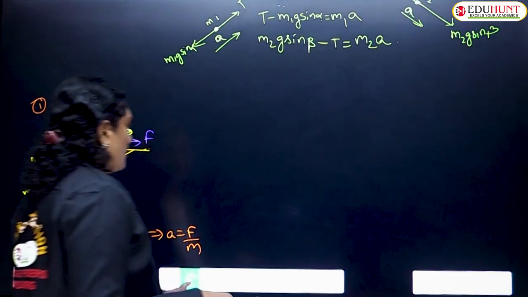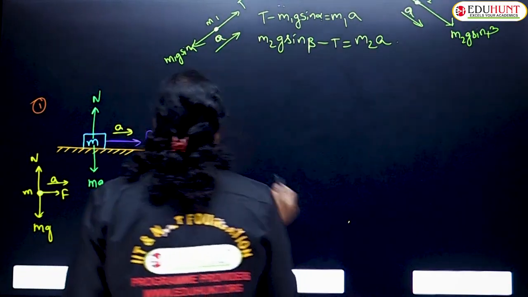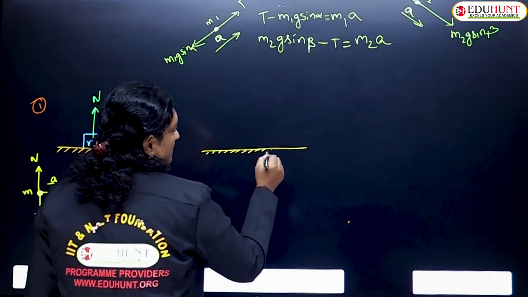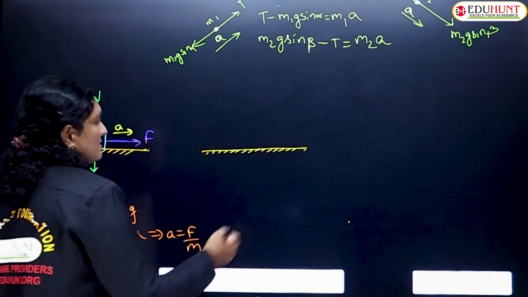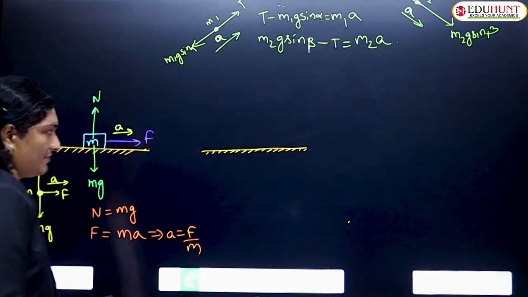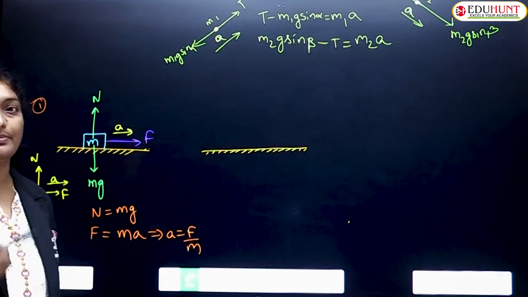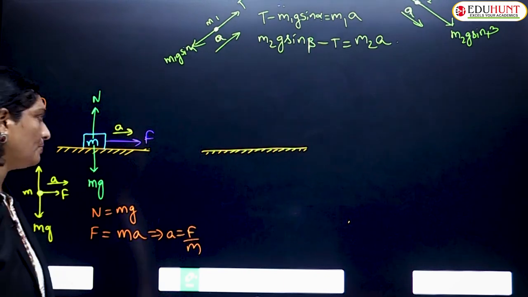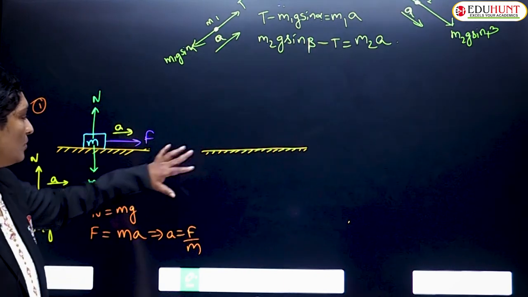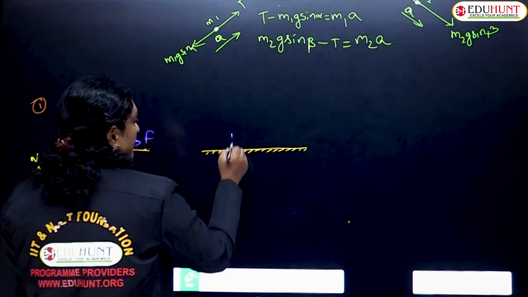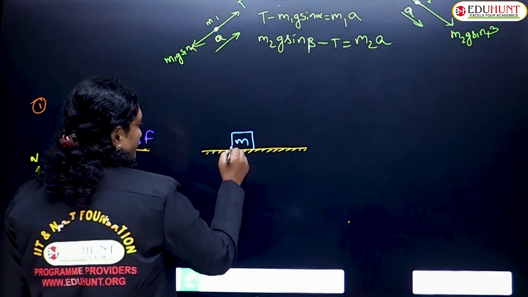Similarly, let us consider one more example, children. Again, consider a horizontal smooth surface. If it happens to be a rough surface, the conditions will be different because the frictional force comes into play. So I have considered again a smooth horizontal surface on which a body of mass m is placed.